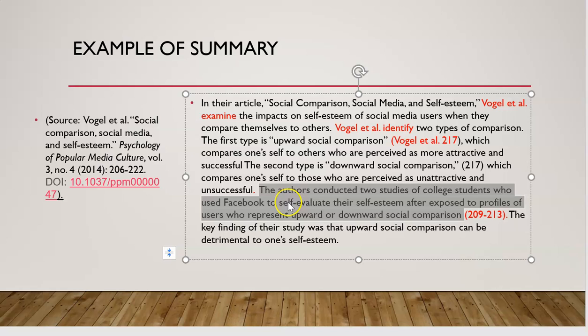So the description of the studies were actually on a couple different pages. So I just used a page range to indicate that in my citation. But yeah, that's basically all you need to do. So you could include quotes. You can include paraphrase within your summary. So you might be using all 3 of these techniques for assignment number 1.